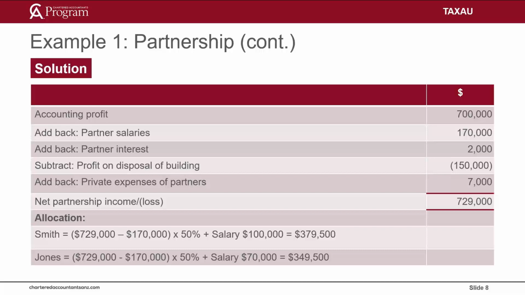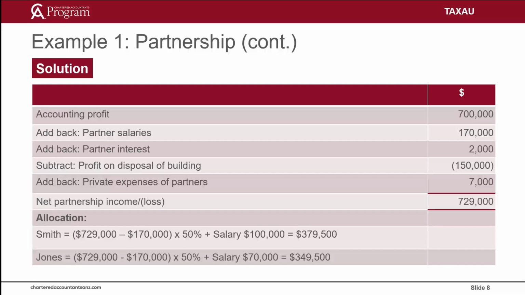The net partnership income under Section 90 equals $729,000 and is calculated as considered in the previous slides by adding back to the partnership accounting profit of $700,000, the non-deductible partner salaries of $170,000, the non-deductible interest paid on the partner capital accounts of $2,000, and the non-deductible private expenses for partner Smith totaling $7,000.